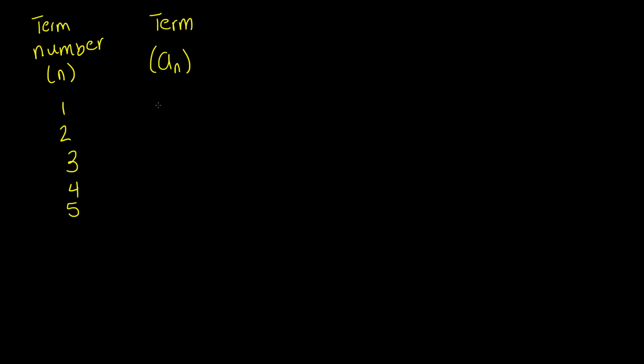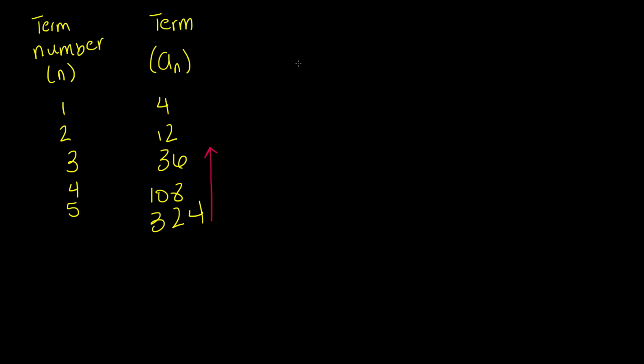So our data here is 4, 12, 36, 108, and 324. The first thing I'm going to do is look to see if I have a common ratio. The way I do this is I divide going upward.